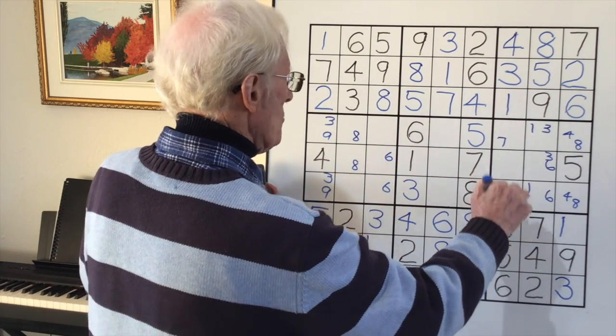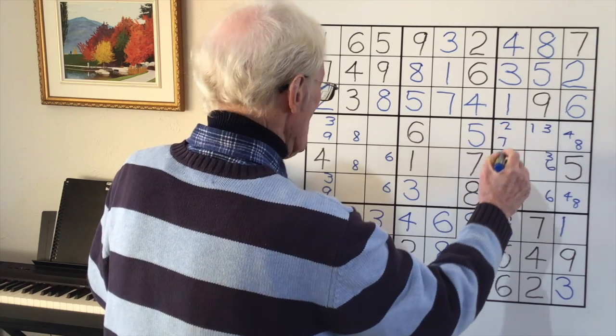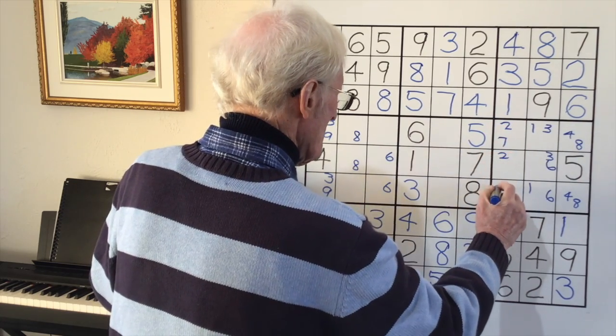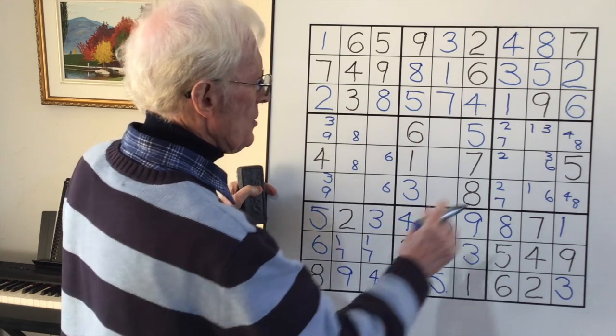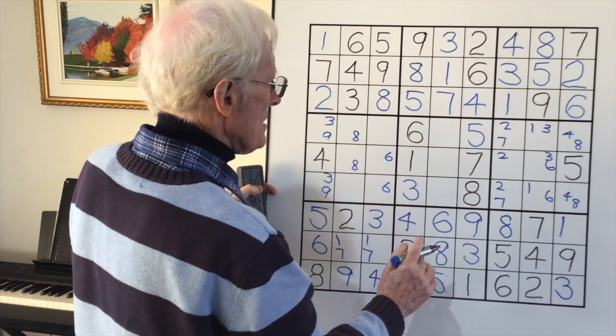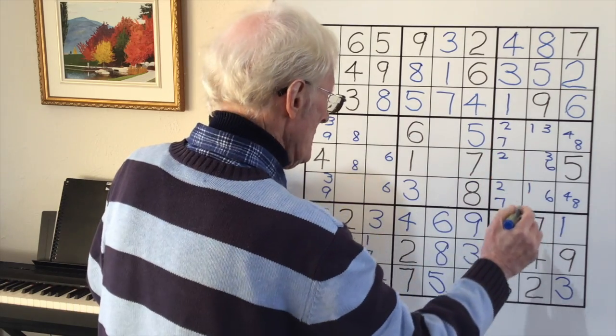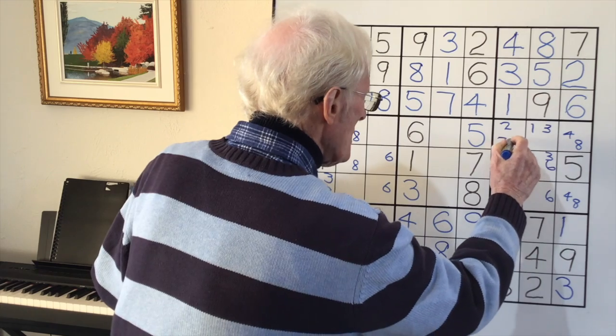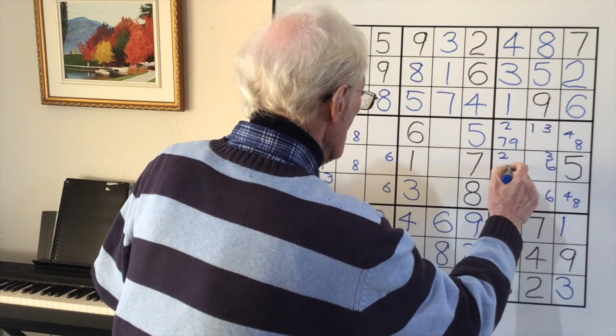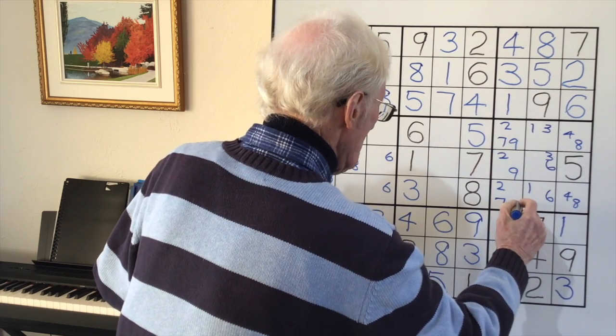Well, it's got to be a 2. Remember we talked about 2s. A 2. There's another number that's got to be missing. What is it? If you look at all these numbers in this column, it's got to be a 9. 9, that would be right. See, 9, 9, 9. So we'll put a 9 in each one. Okay. And see if that helps us.